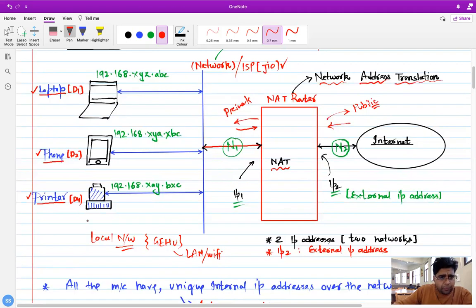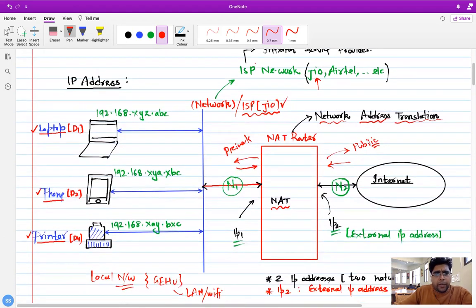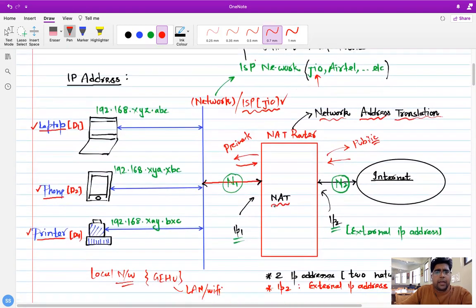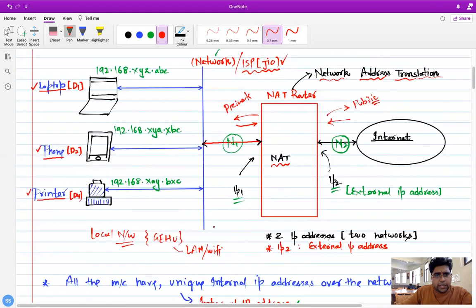It means all the computers in the university, including your phone, if you are connected with the Wi-Fi, they all are somehow connected with the same ISP. So whoever would be providing the network in the university, all your devices, including all the LAN computers, would be connected to the same ISP network. And it is the responsibility of the NAT of your university. Let's say in that case, this would be the GEHU NAT router.